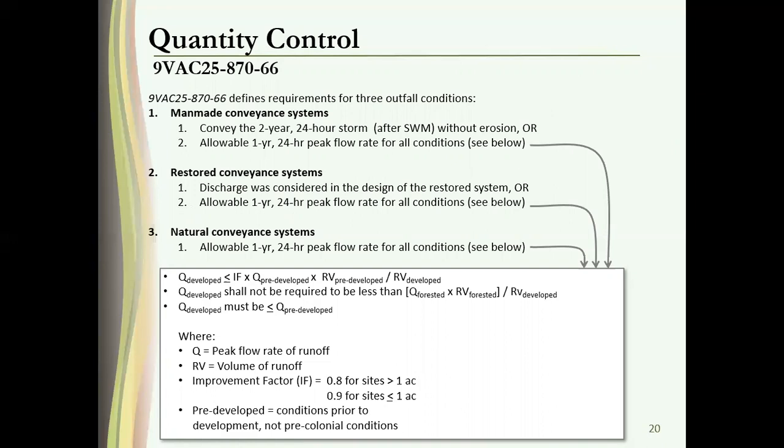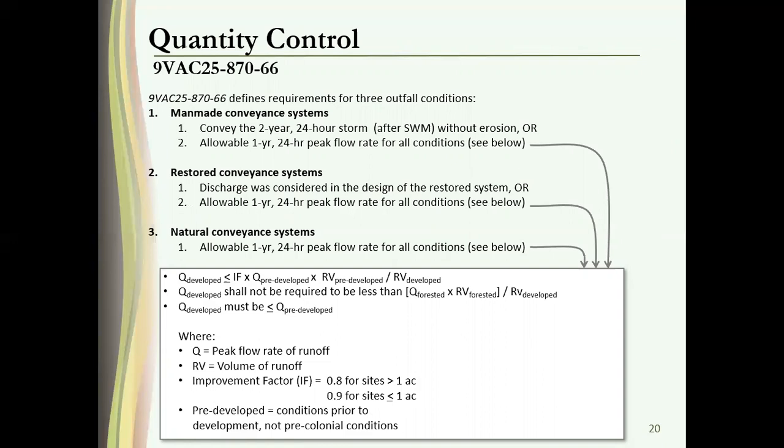But remember, there are other kinds of man-made systems. They can be ditches, they can be grass-lined or earthen ditches. And so that's where we have to start really making sure that the velocities are not going to just rip up those man-made systems.